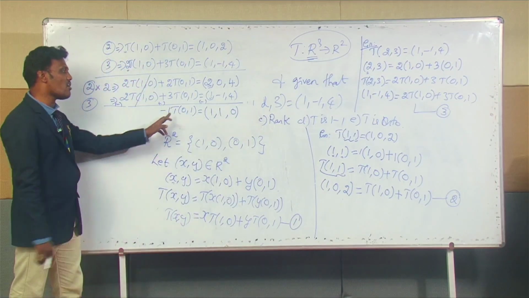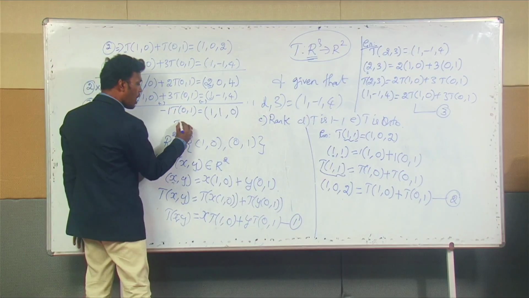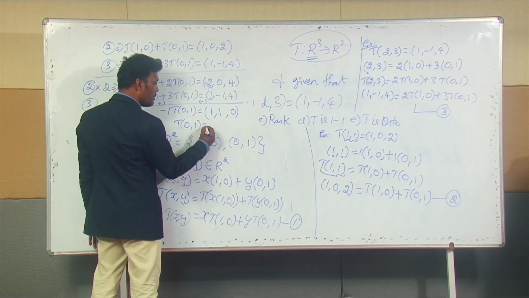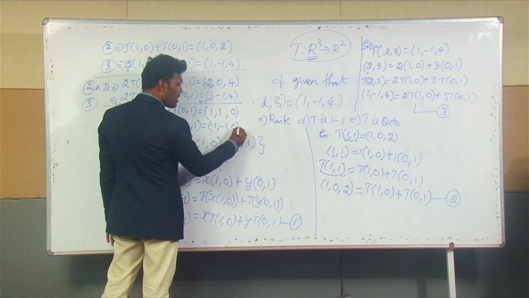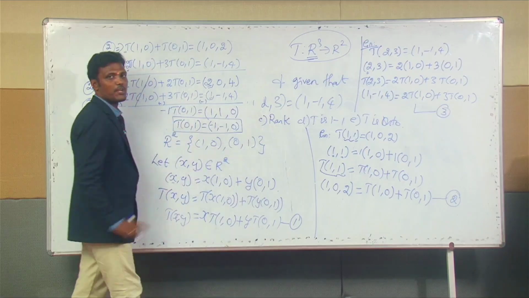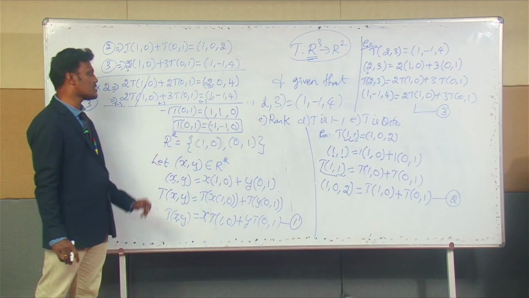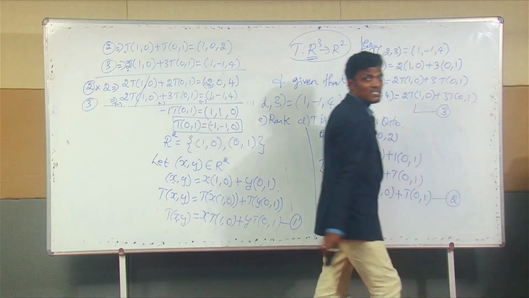So minus T of (0, 1) equals (1, 1, 0), but here the minus you have to bring to the other side. Multiply by minus on both sides. So this is the value we get from equations 2 and 3: T of (0, 1) is (-1, -1, 0).